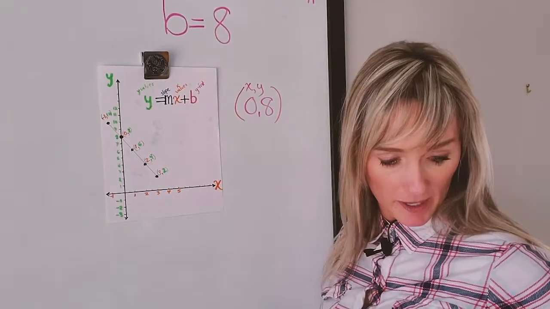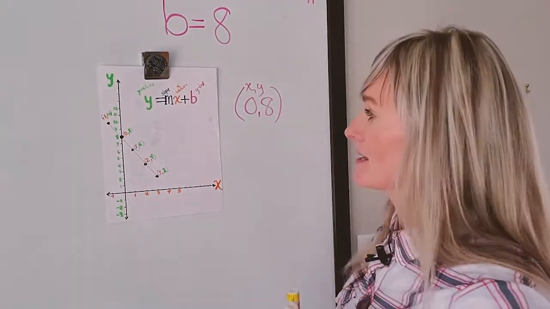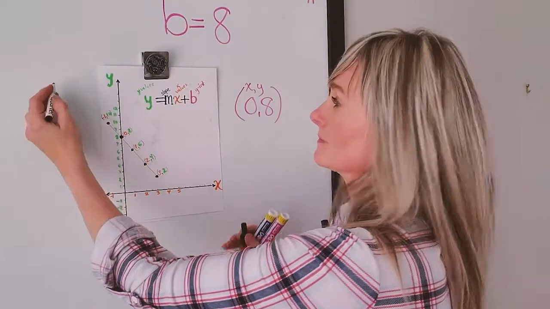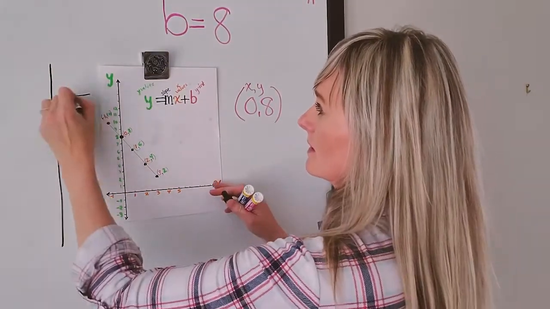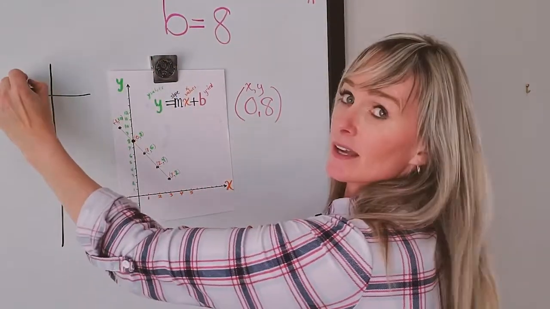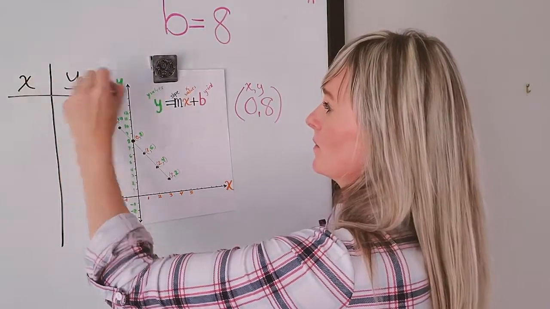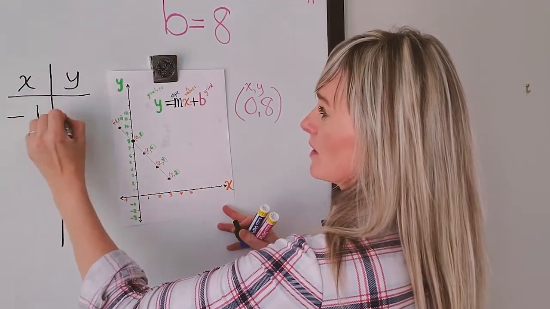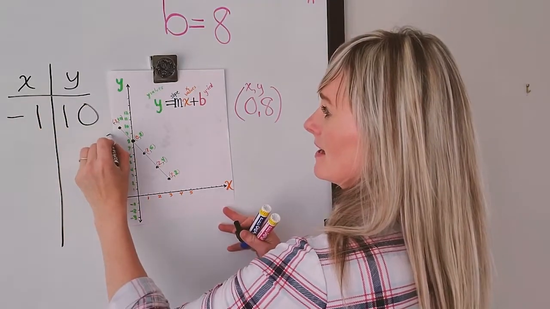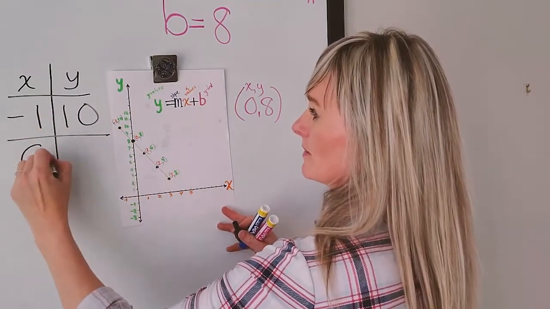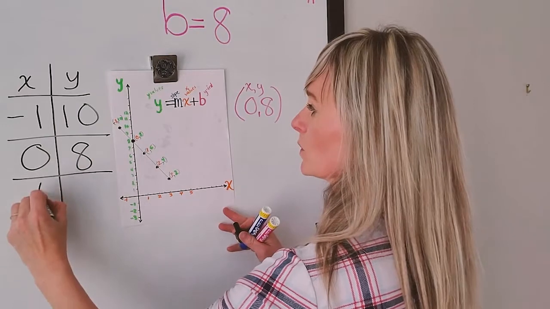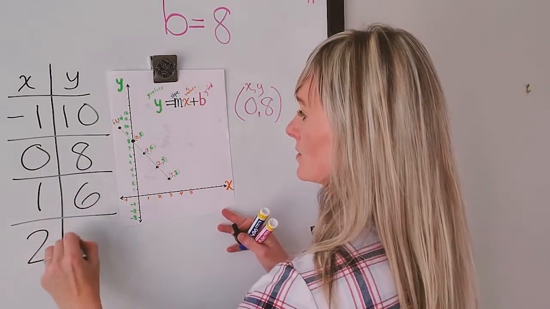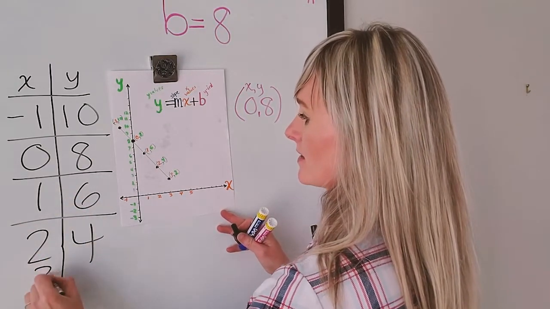Well, we have a whole bunch of ordered pairs. So let's put those in. We have x, y. Our first ordered pair right here is -1 and 10. Then we have 0, 8. 1, 6, 2, 4, and 3, 2.